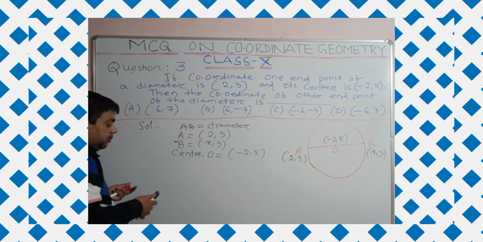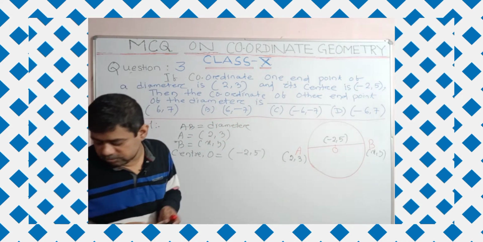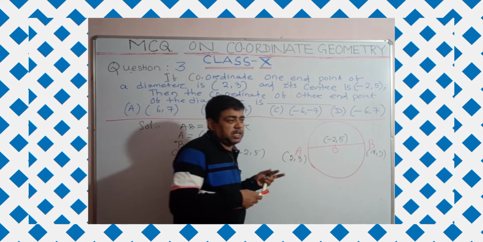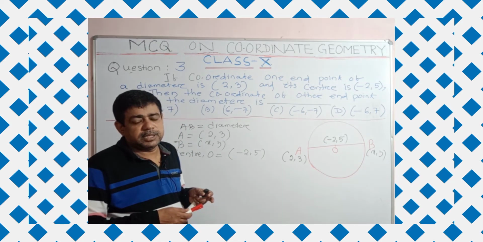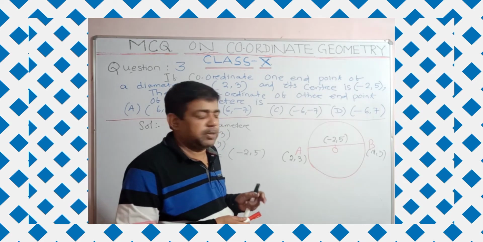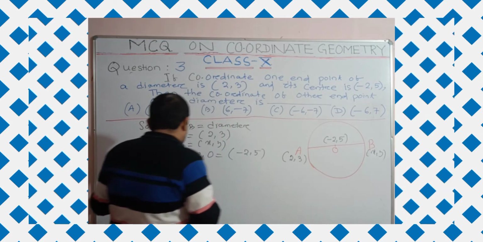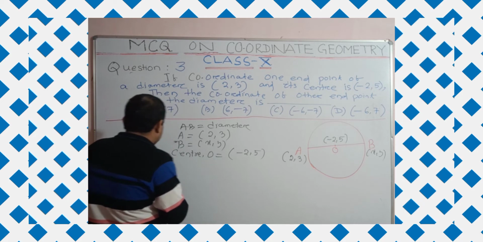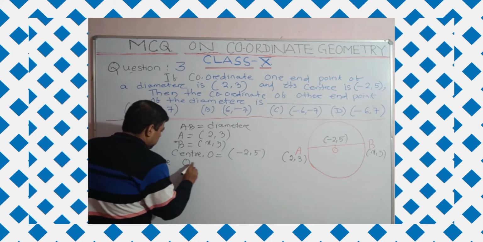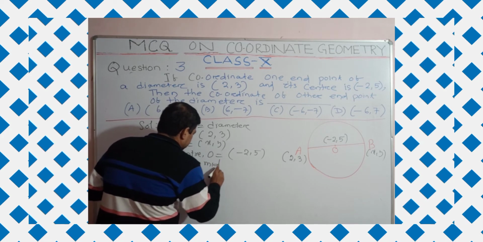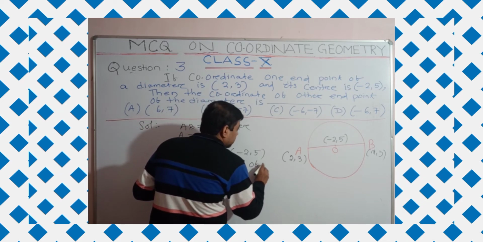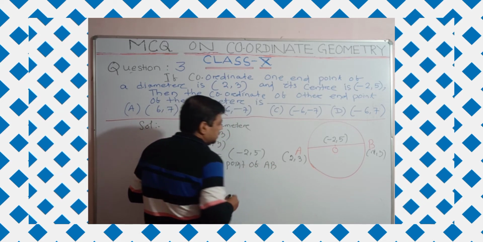So, using the midpoint formula, here the center O is the midpoint of the diameter AB.